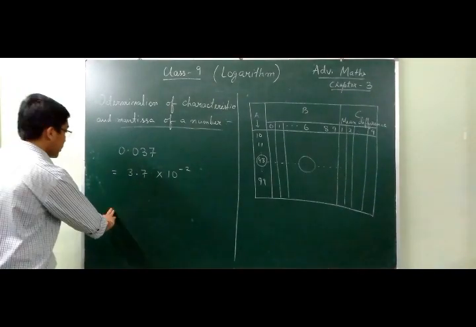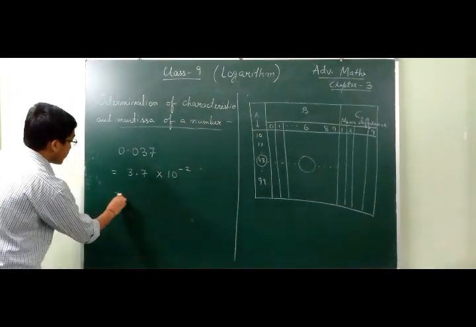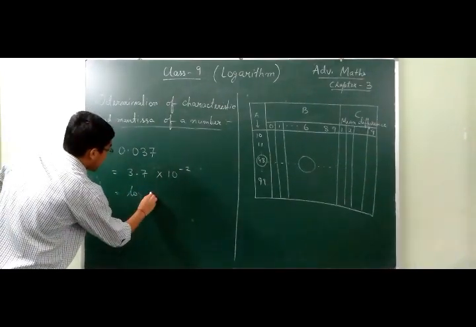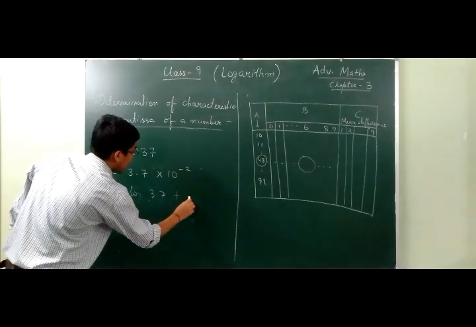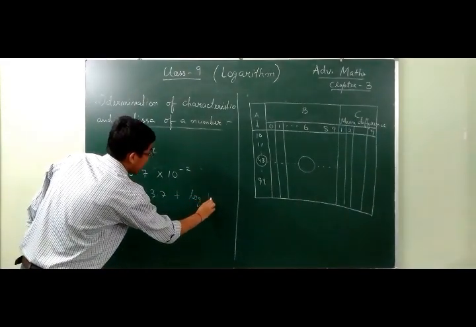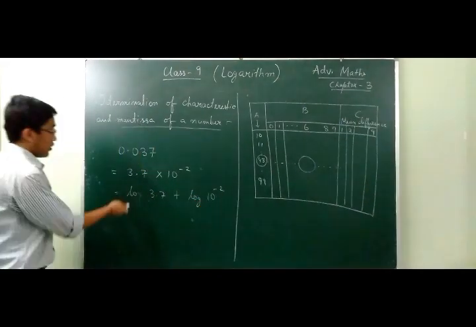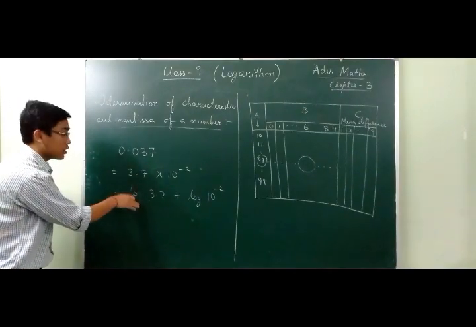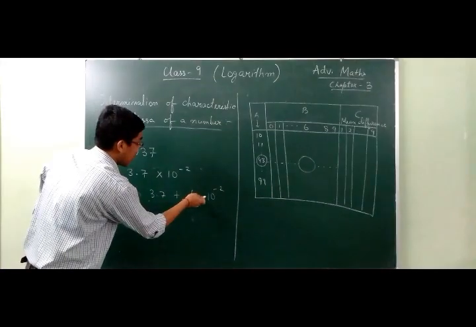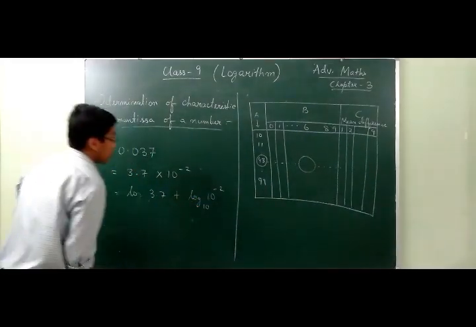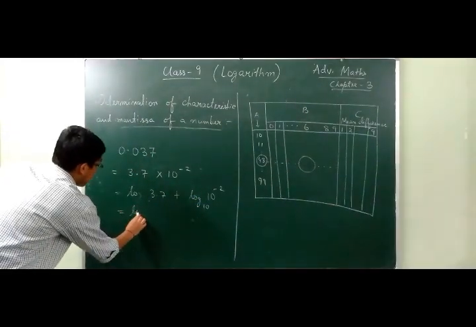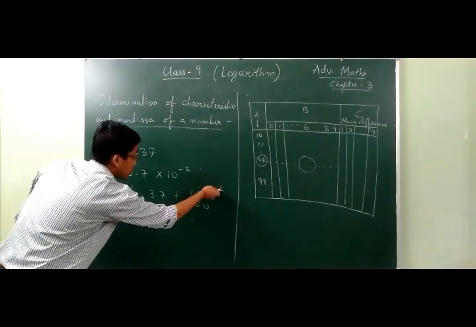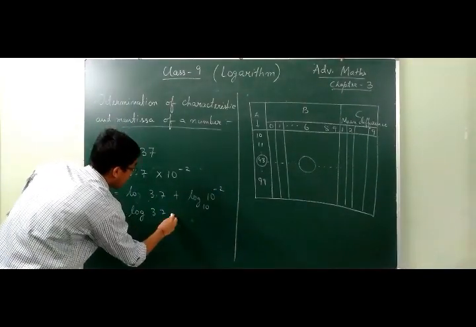Similarly, if we apply the log like in the previous case, we get log of 3.7 plus log of 10 to the power minus 2. Since the base is not given, we consider this to be base 10. This will remain the same, and the power minus 2 will come down.